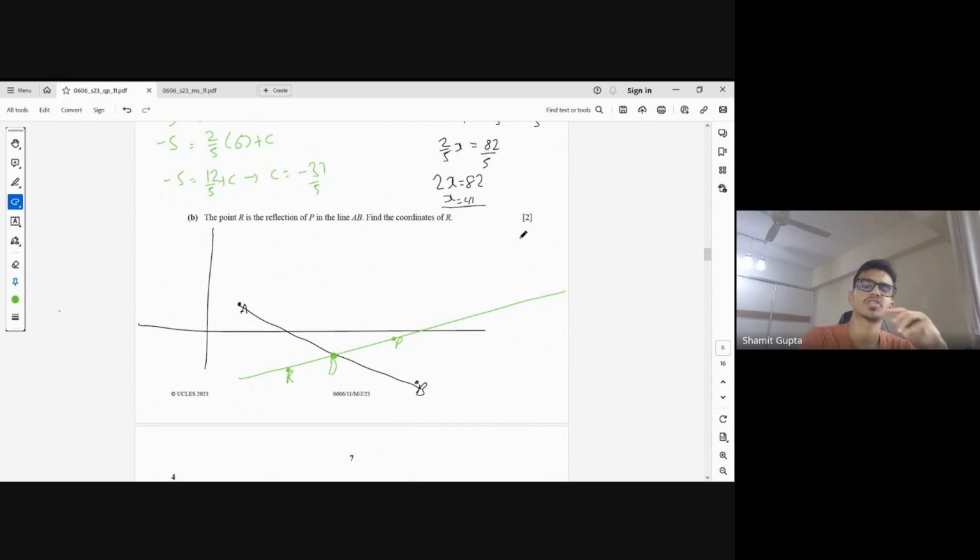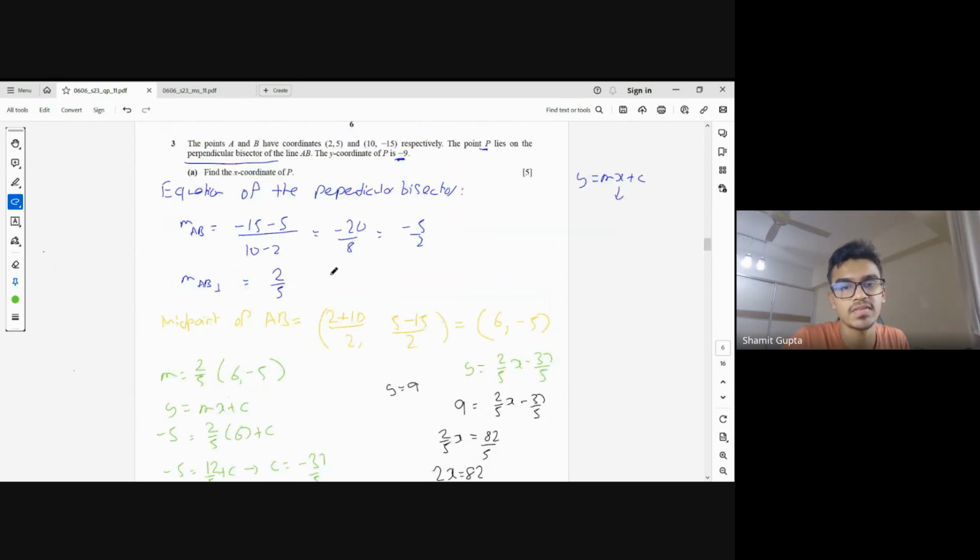Okay, as of now, I can't think of a shortcut. One idea, however, which I do know, is to find D. D is the intersection of this line AB and the perpendicular bisector, but we don't know the line AB's equation.